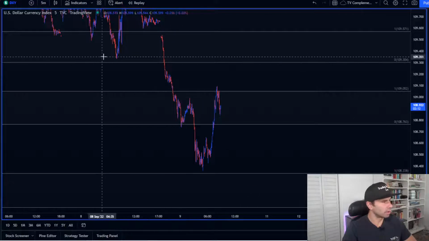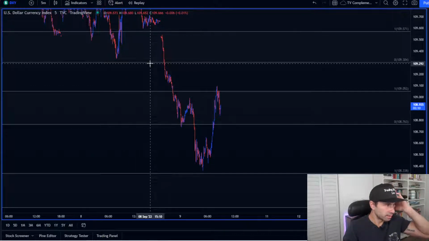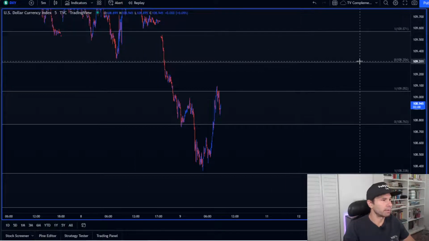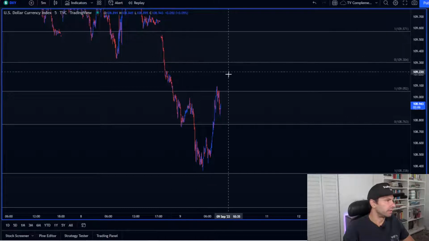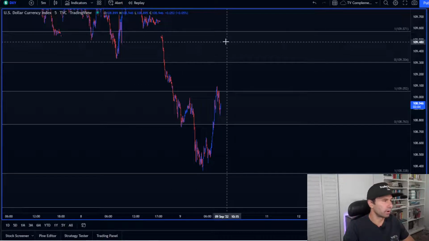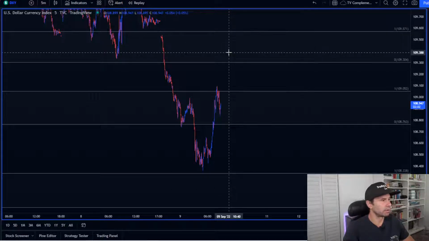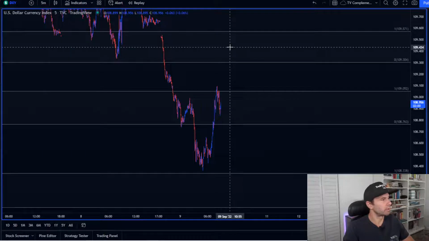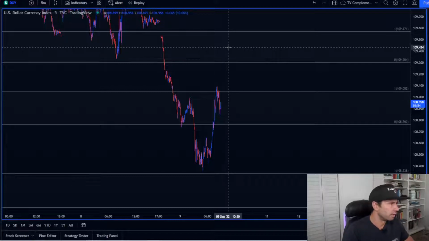If the dollar comes back to this supply, like 109.30, if the dollar is right here when the market opens and the market has a sustained momentum to the upside, then I will be playing the breakout to the upside. For me, that's probably like 2 to 4% of the times that happens.